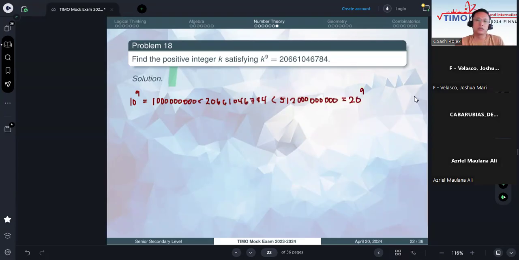So that means that this particular number is between 10 and 20.